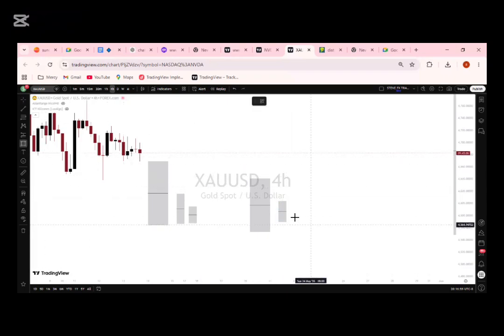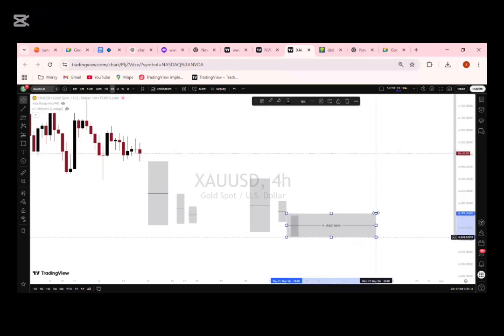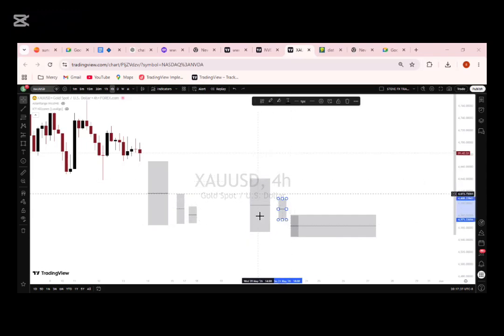So this becomes your order block on your 1 hour time frame, instead of this entire 4 hour order block that you were going to trade with.